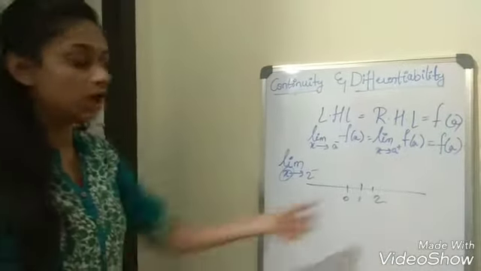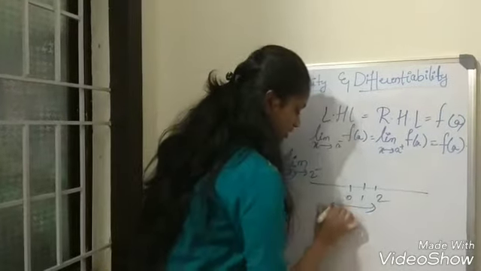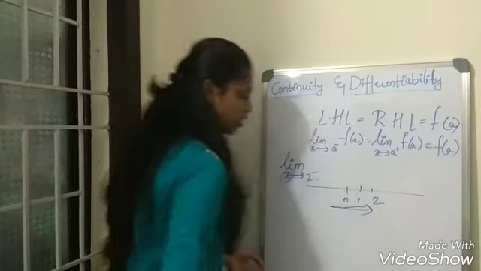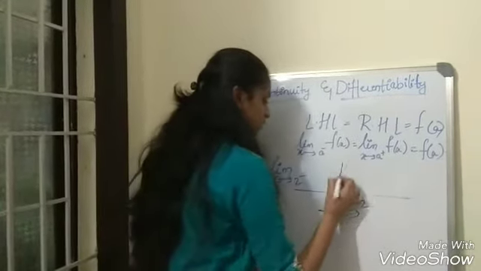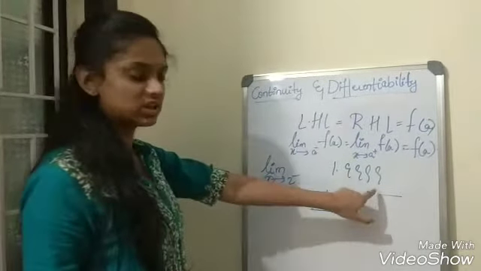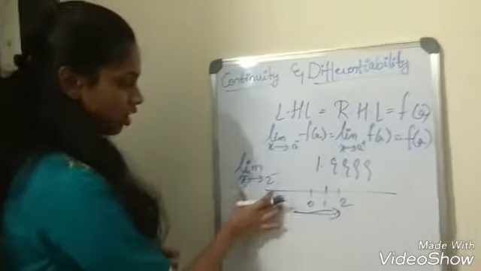It's approaching 2, you can think x value is something like 1.9999. This is very near to 2, but it is not 2. So this is called left hand limit.